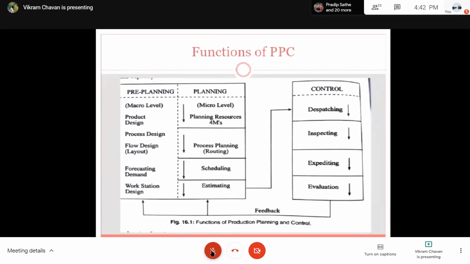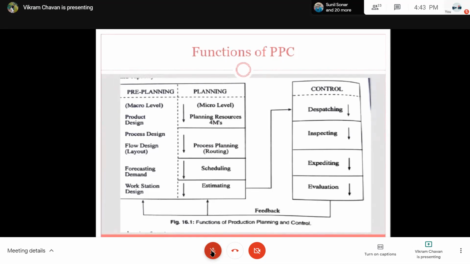Then the product design: what will be the product in future? That is nothing but product design and development. So all these parts come under the macro level planning, or the pre-planning.